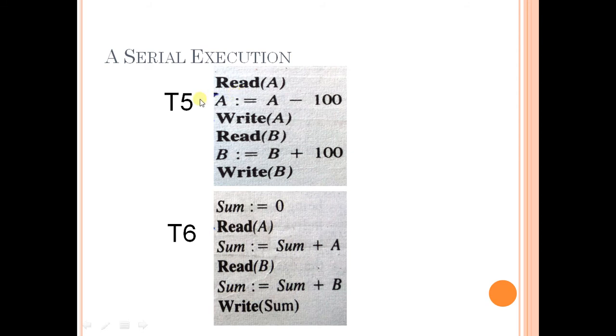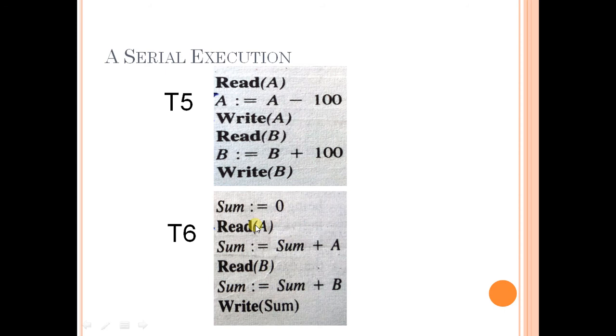For example, suppose T5 is executed first, then these instructions will be followed, and then T6 is executed, then these instructions will be followed. Or otherwise, the reverse can also be done. First of all, T6 might be executed, and then T5. So whatever is the case, this will be called serial because they are executed one after the other.